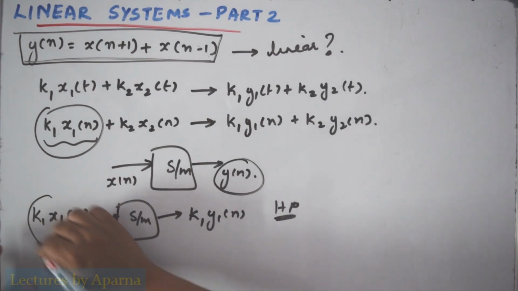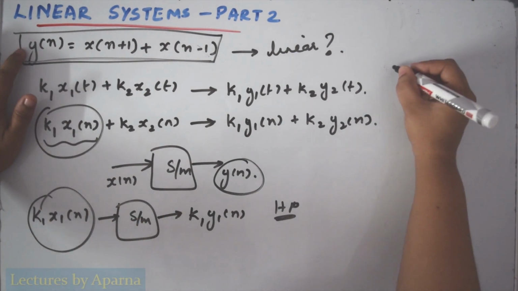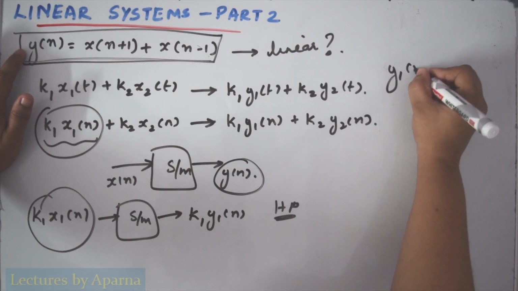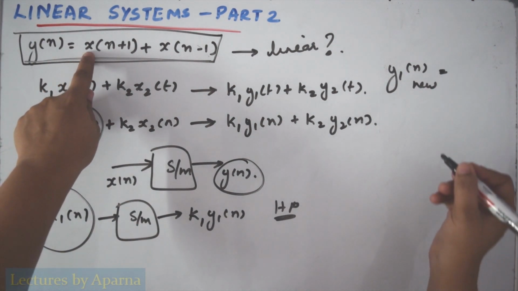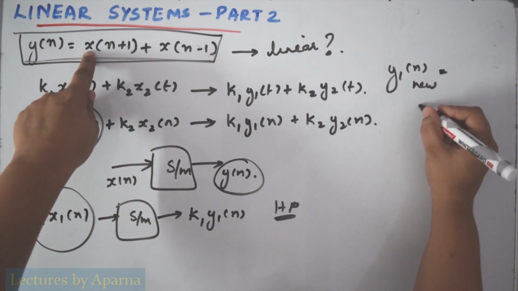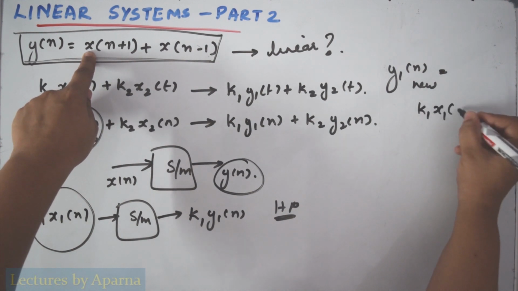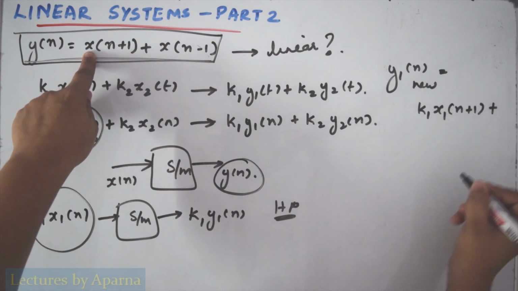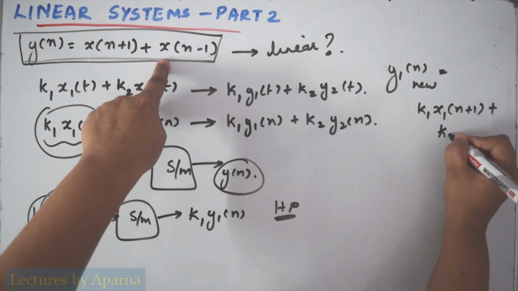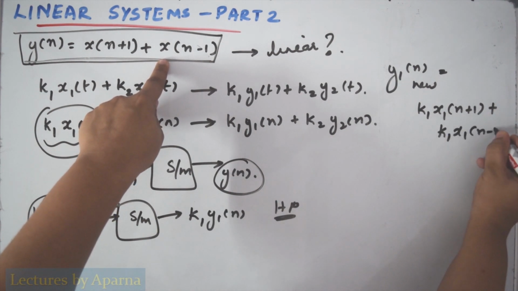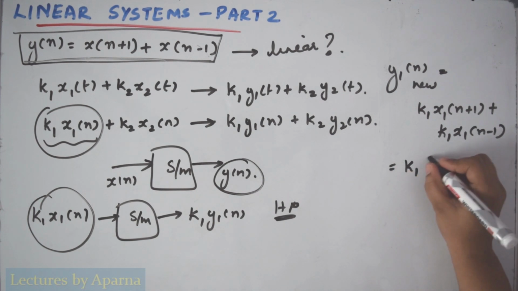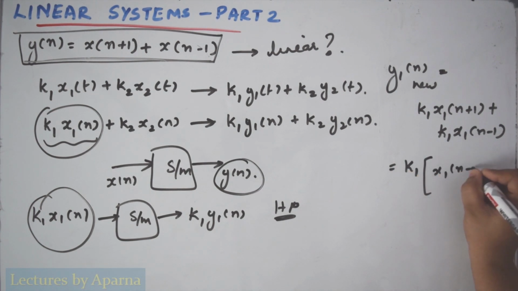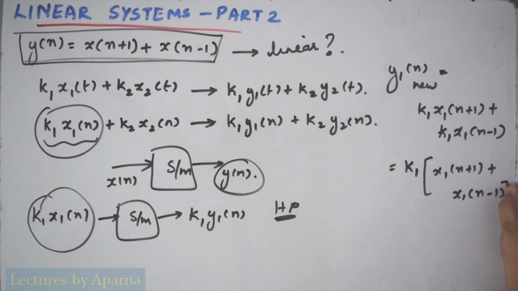Therefore, I am giving k1 x1 of n as the input. So the new output y1 of n will be, since the input is k1 x1 of n, k1 x1 of n plus 1 plus k1 x1 of n minus 1, which is equal to k1 of x1 of n plus 1 plus x1 of n minus 1.